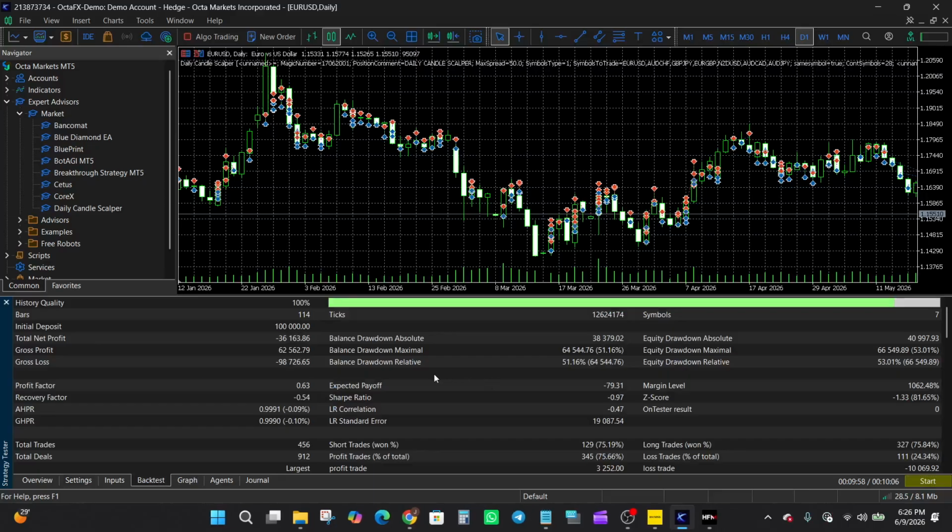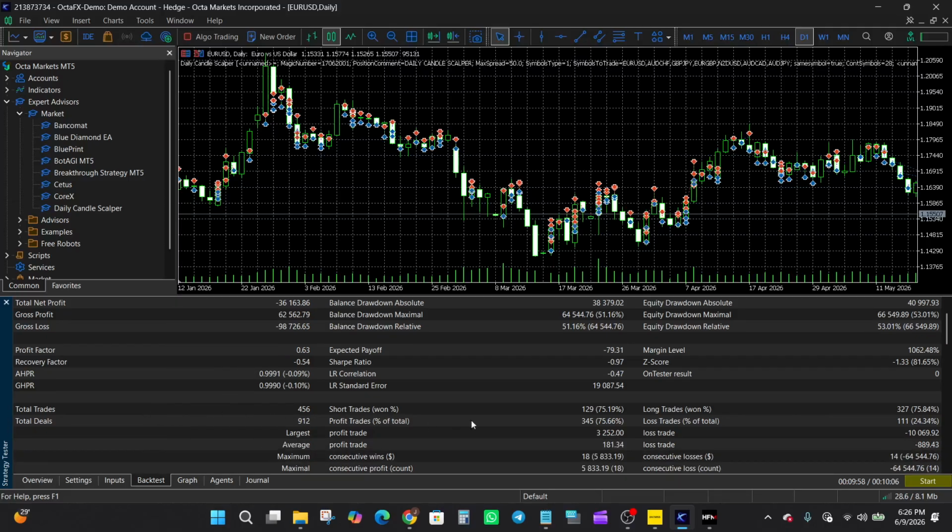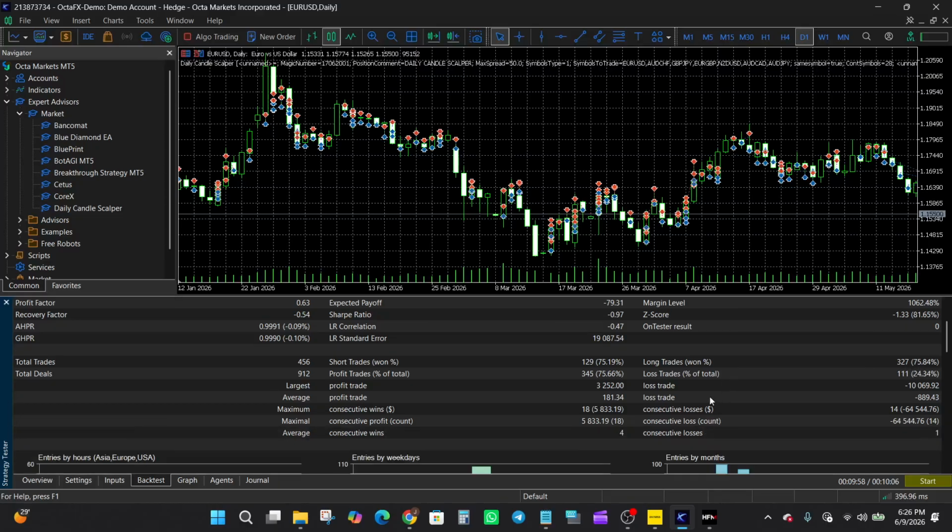Looking at this, from an initial deposit of $100,000, the total net profit was negative 36,163.86. The total trades taken were 456, short trades were 129 with a 75.19% win rate. Long trades were 327 with a 75.84% win rate.